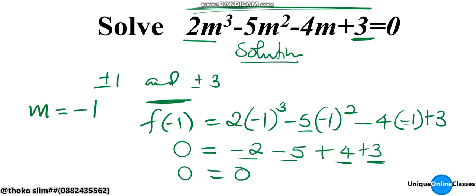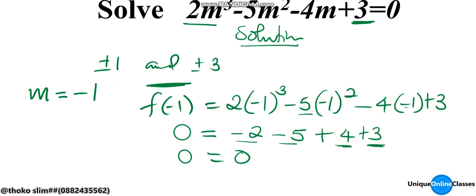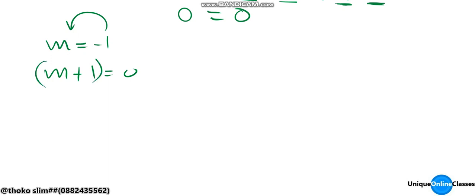So when m is equal to negative 1, the value is 0, so our factor of that polynomial is m plus 1 is equal to 0. This is our factor. Now we're going to use the long division method.